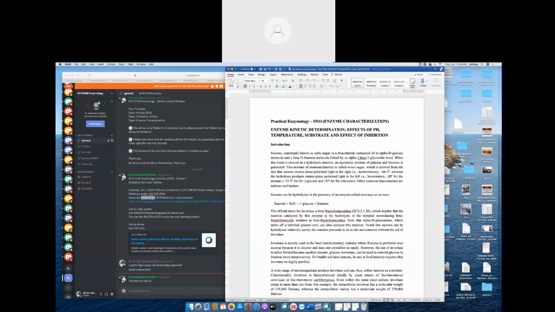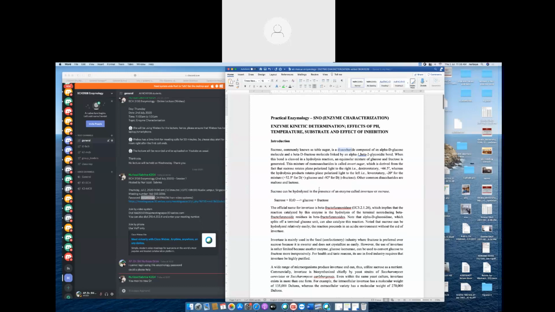Okay, so now we have sucrose as the substrate. Sucrose is the table sugar. It is a disaccharide, linked by an alpha 1, beta 2 glycosidic bond.